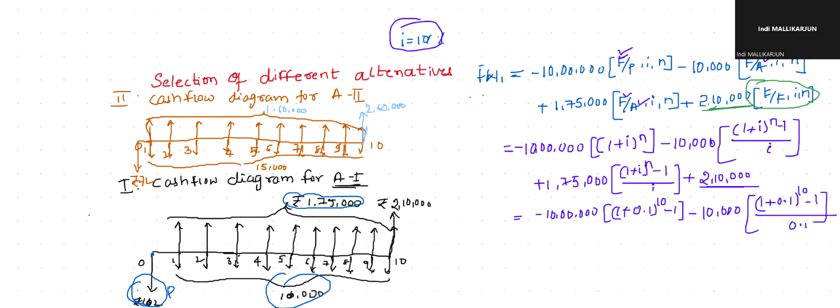Next, plus 1,75,000 into 1 plus 0.1 power 10 minus 1 divided by 0.1. Next, plus 2,10,000.